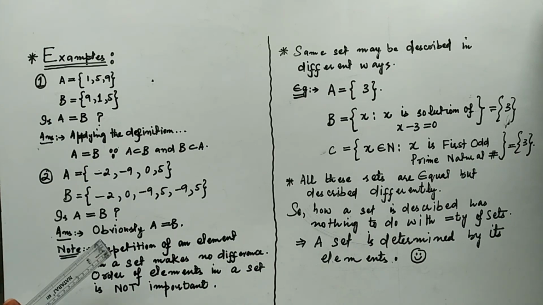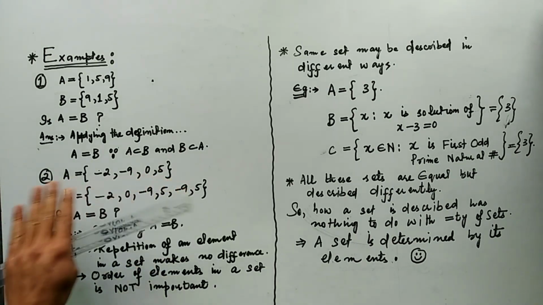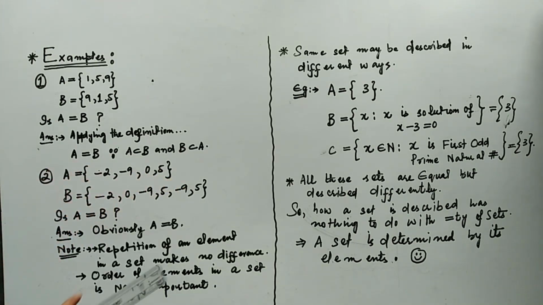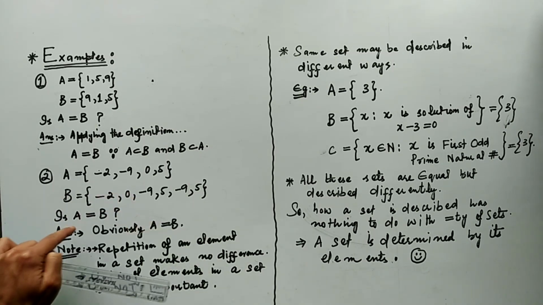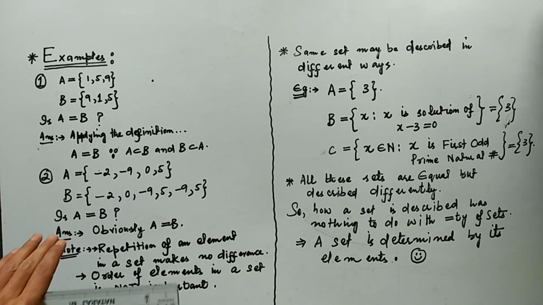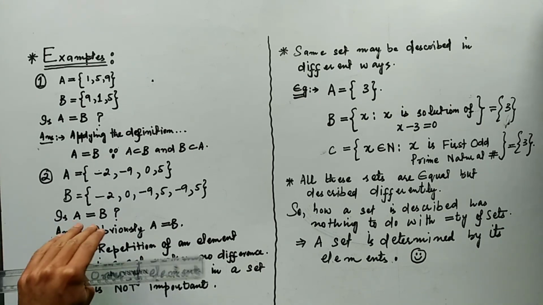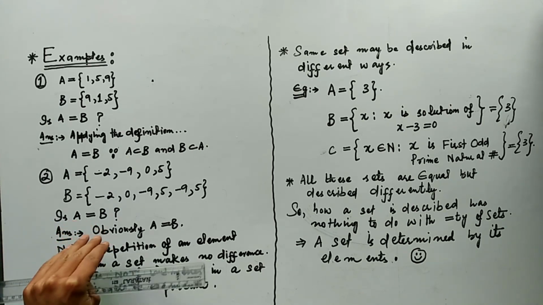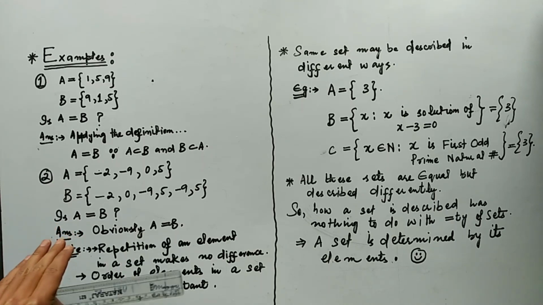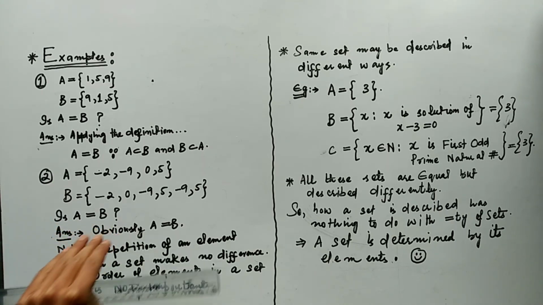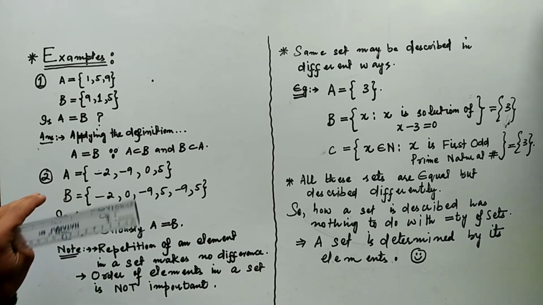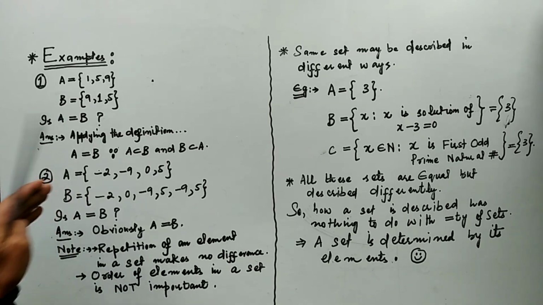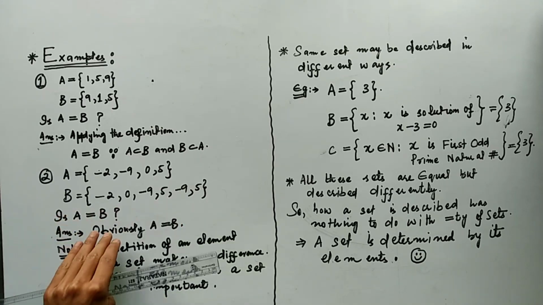This is my second example, and this is the roster form of these two sets. I want to know whether A is equal to B or not, and I know by definition A is equal to B if and only if every element of A is present in the set B and every element of the set B is also present in the set A. So, is every element of the set A present in the set B?